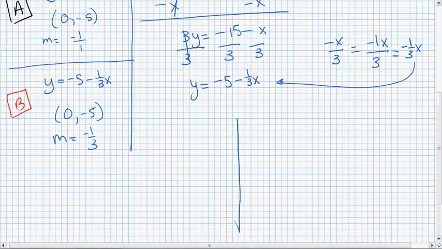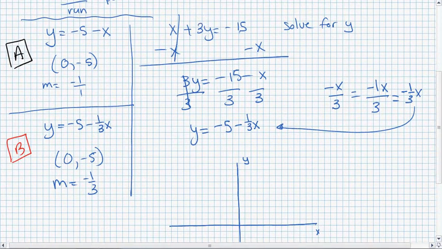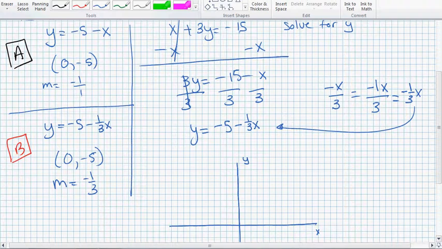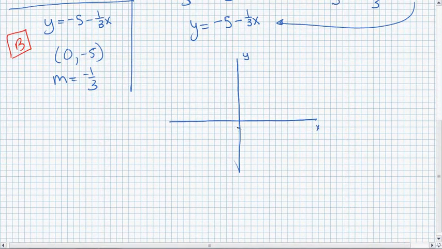Here's a y-axis and an x-axis. So my first equation, y equals -5 minus x. Start at -5. 1, 2, 3, 4, 5 on the y-axis. And then go down 1 to the right 1, down 1 to the right 1, down 1 to the right 1.